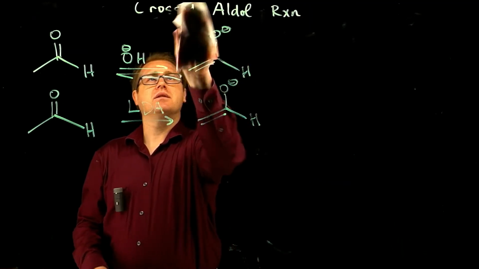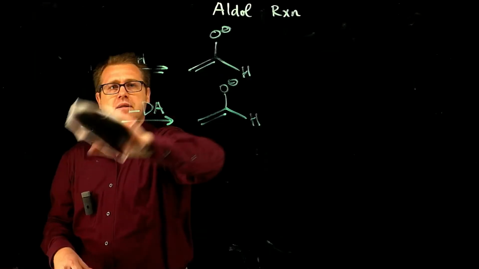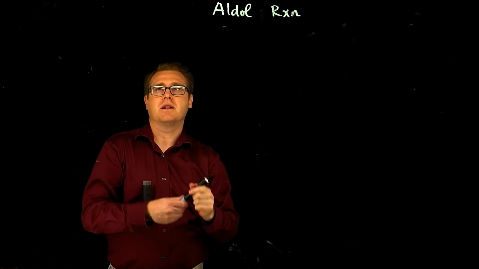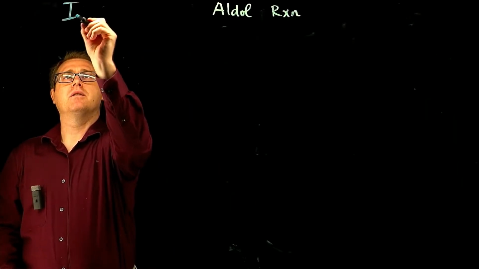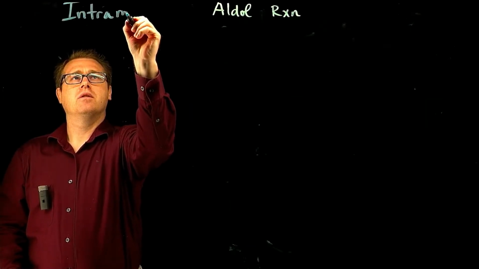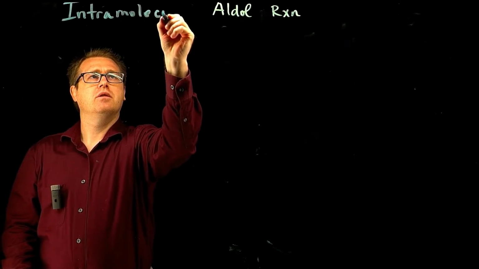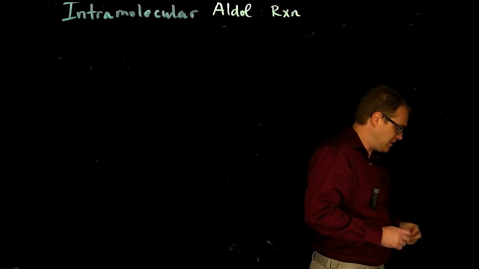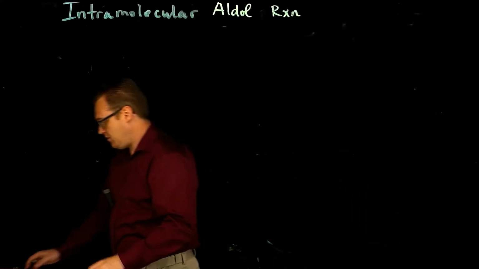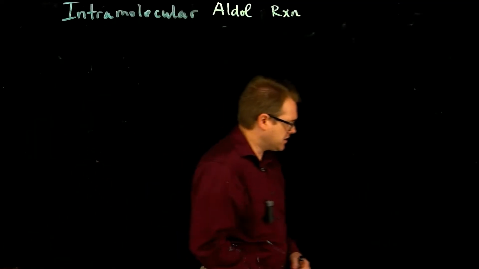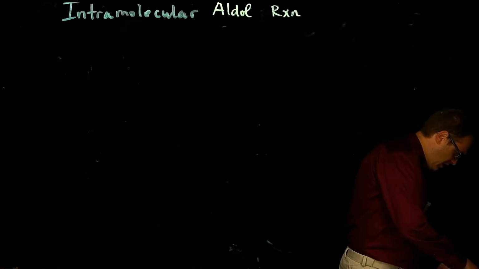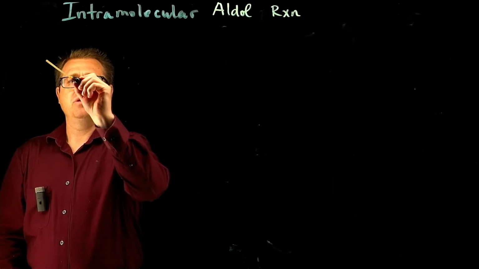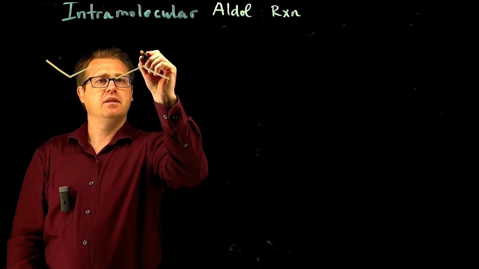Let's clean this up here. So what if we take a look at intramolecular aldol reactions? Let's see, let's look at an example. How many carbons? 1, 2, 3, 4, 5, 6. 2, 3, 4, 5, 6.